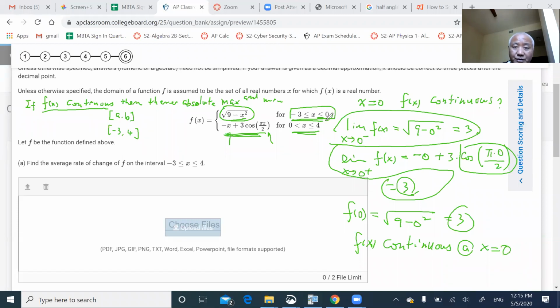So we know x equals 0 is continuous, and also from -3 to 0 it's continuous, and from 0 to 4 it's continuous. So that means f(x) is continuous on the closed interval from -3 to 4, including -3 and 4.